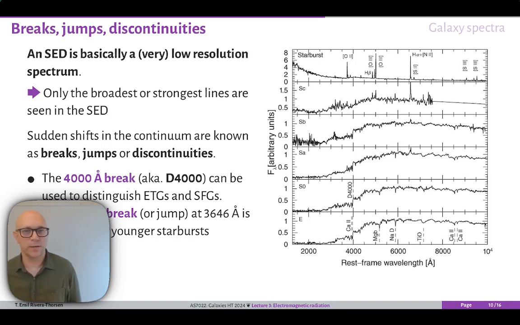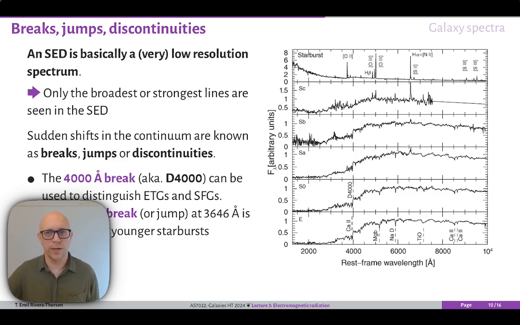On the other hand, there is also the Balmer break that we observe at 3,646 angstroms. That is about here-ish. And that one can be quite strong in star-forming galaxies, but is usually not super strong in early type galaxies.